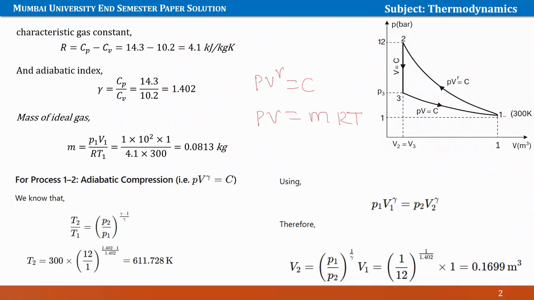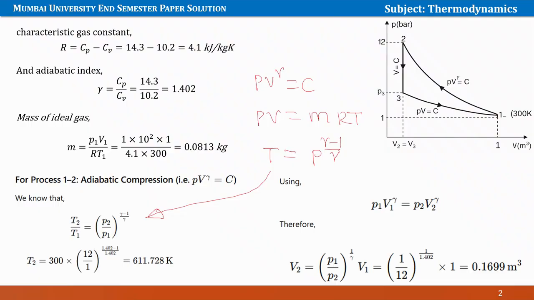I can put the values for V in terms of pressure and temperature. Finally, I will get the relation between temperature and pressure: temperature is proportional to pressure raised to (gamma minus 1) by gamma. From this equation we can find out the temperature by applying it to process 1 to 2.